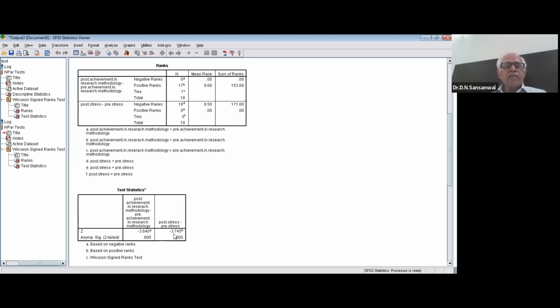Post-stress and pre-stress negative ranks are 18 and positive are 0. Negative mean rank is 9.50 and positive mean rank is 0.